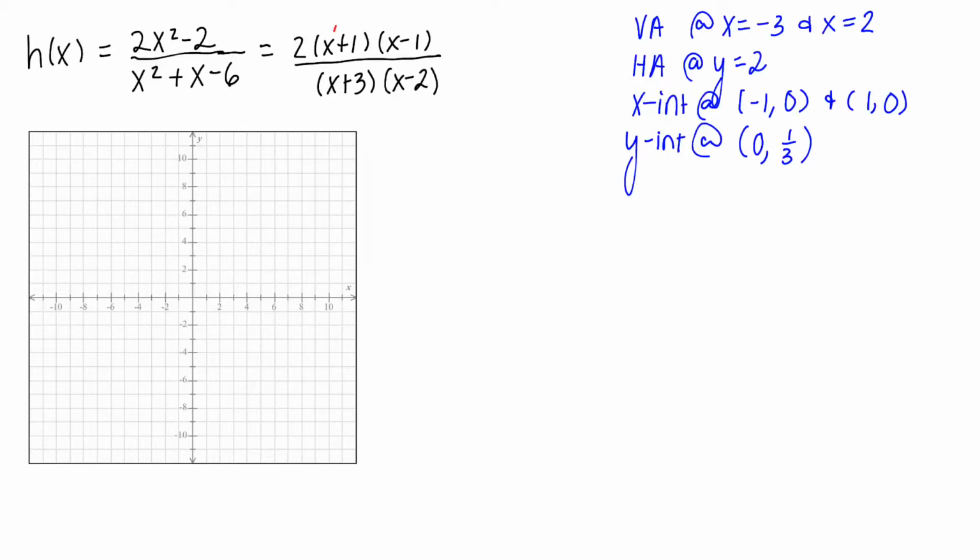So just like we would with nonlinear inequalities, we find where the zeros of the polynomial on top and the polynomial on bottom are. So we get x equal to negative 1, x equal to 1, x equal to 2, and x equal to negative 3.